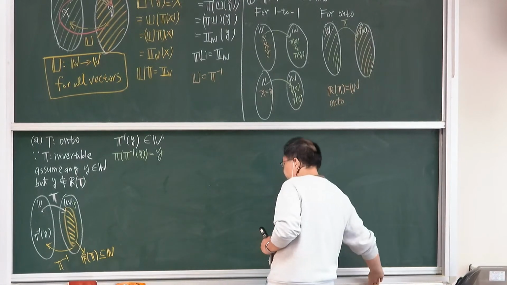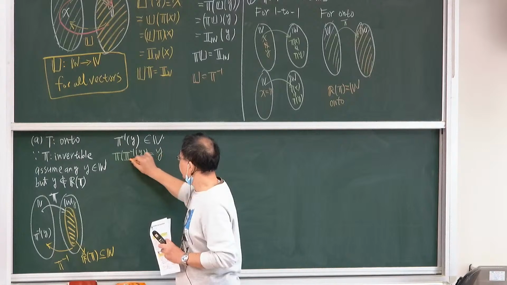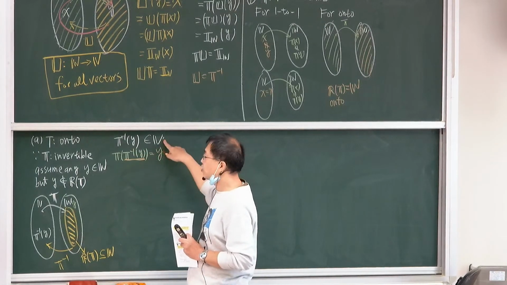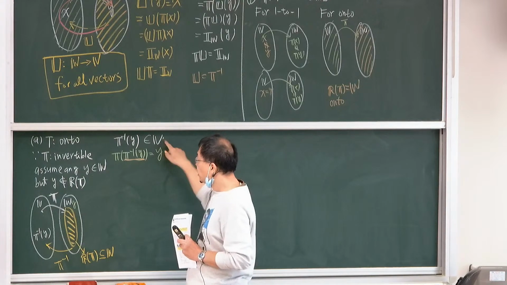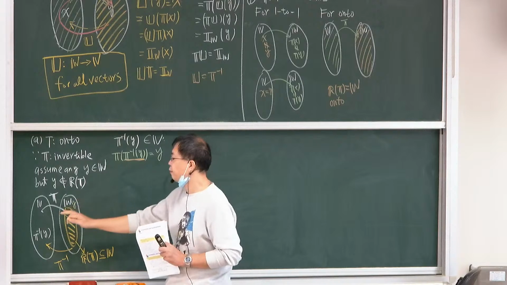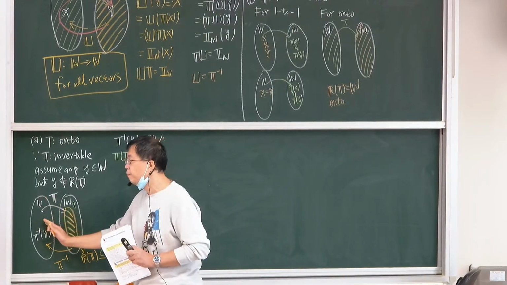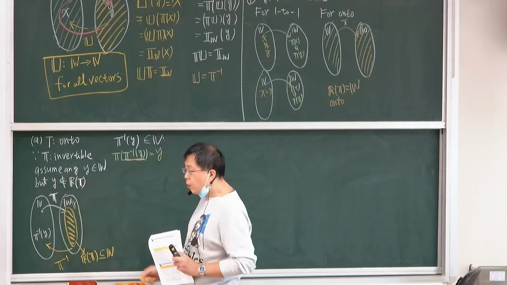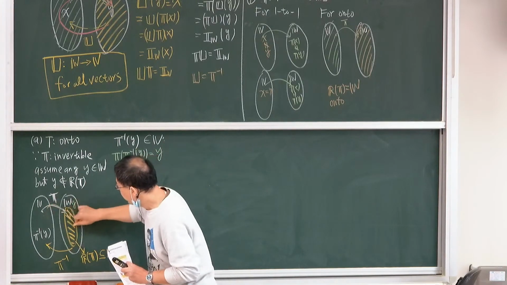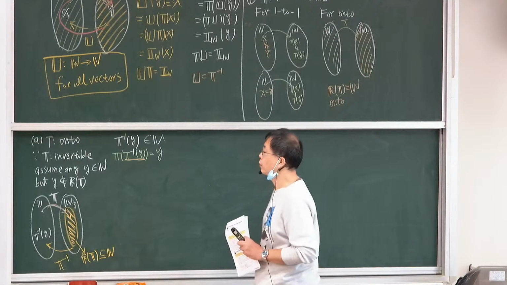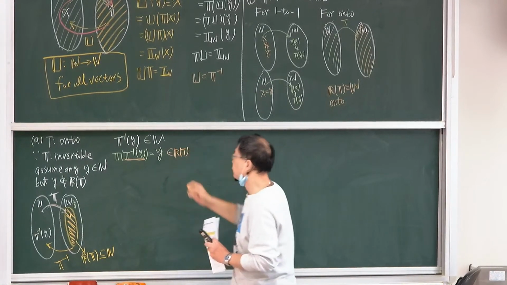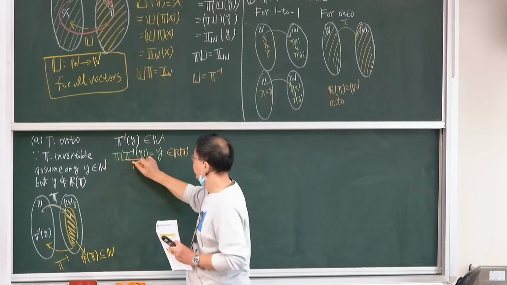But here, because the inverse transformation of y belongs to V, when we do the transformation on any vectors in V, all the transformed vectors should be within the range of T. So this is in the range of T, because this one is in V.